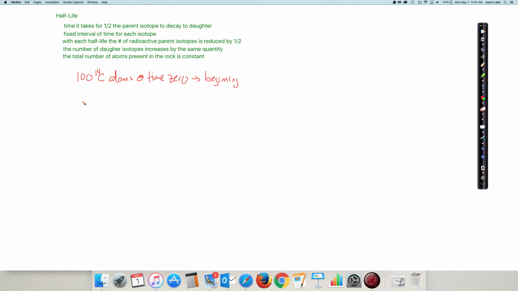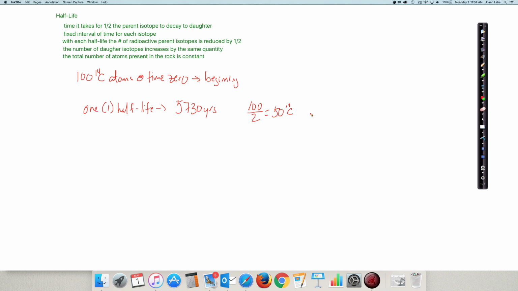After one half-life, which took 5,730 years, YRS stands for years, we would have 100 divided by 2, because the half-life is the time it takes for half the parent isotope to convert to daughter. So it's 100 divided by 2 equals 50 carbon-14 atoms.